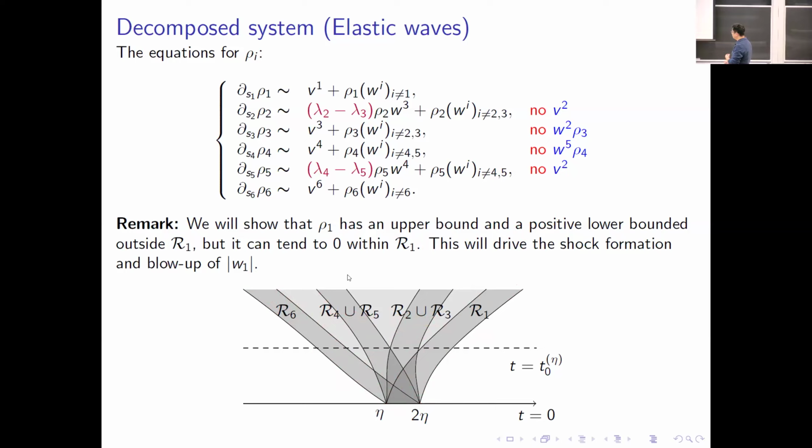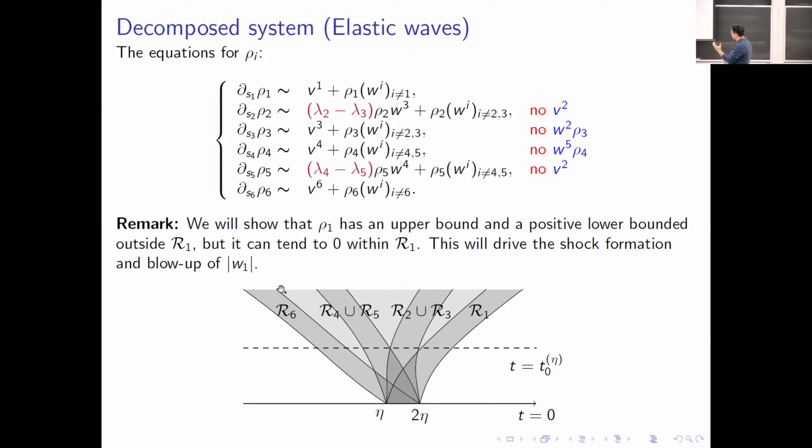In our analysis, we consider this as a union, a kind of strip. There are also gray regions in between. The solutions are not 0 here, but these are different regions, and we need to use different norms to capture the different estimates, different interactions, right? We will show that rho 1 has an upper bound and a positive lower bound outside of R1, which is the first strip.